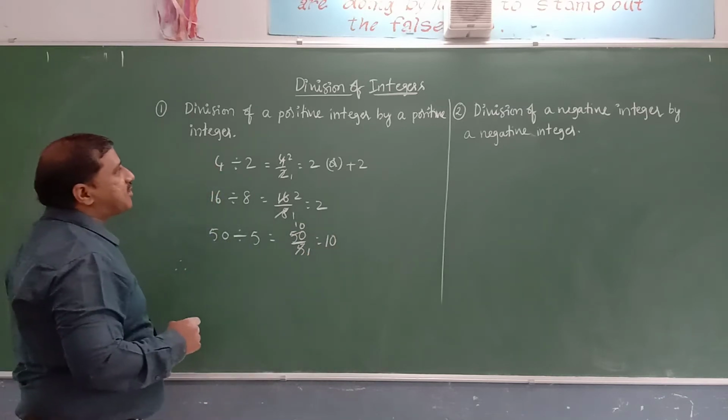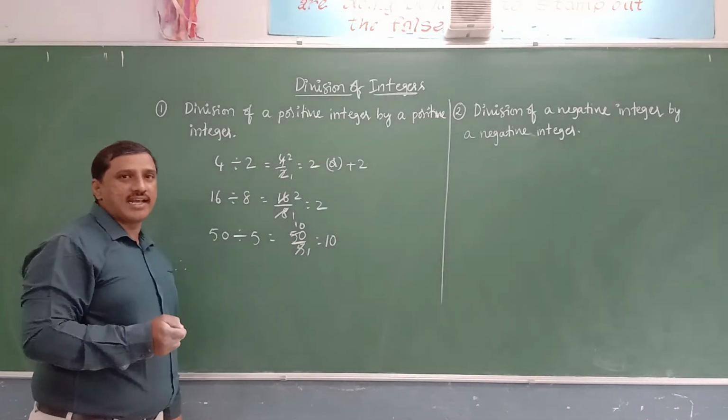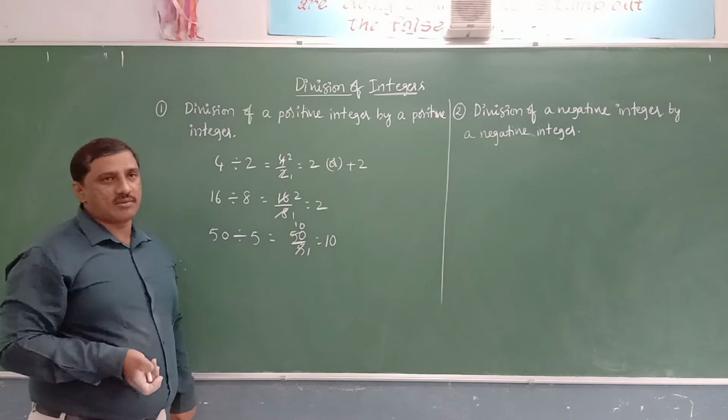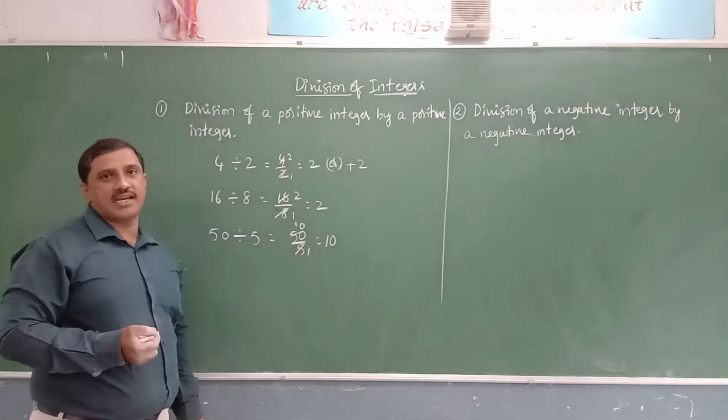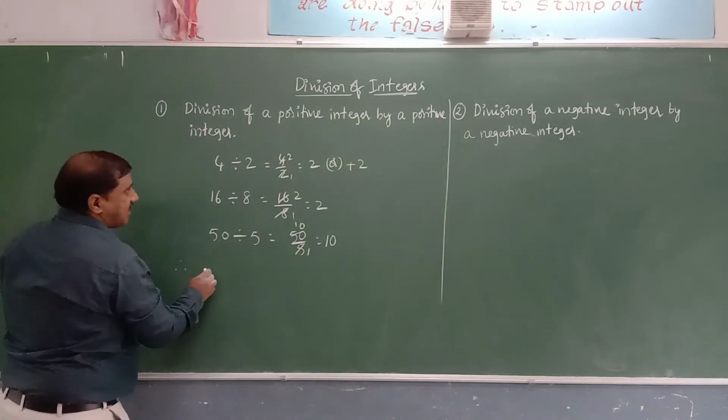Division of a positive integer by a positive integer: how will we divide? Ignore the sign, divide the numbers as whole numbers and put the positive sign for the quotient.